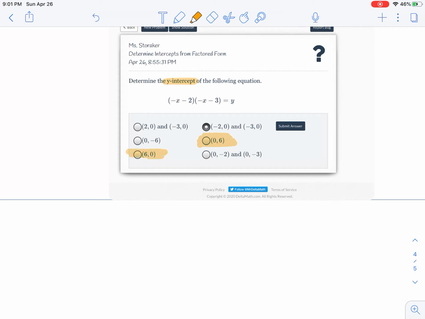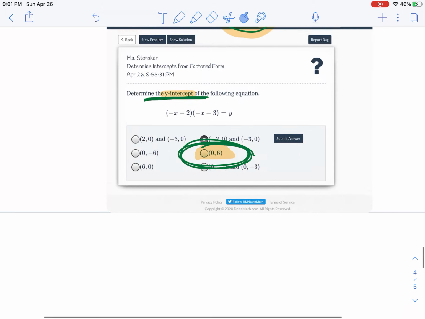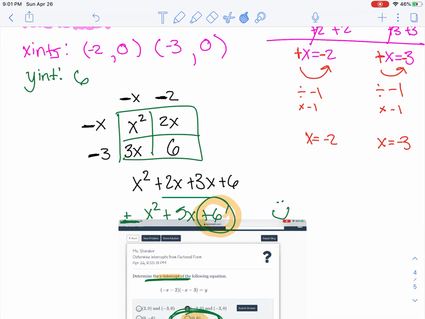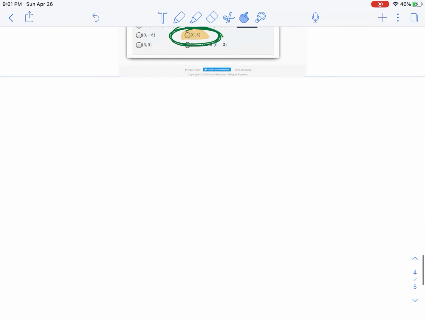They give you the 0, 6, and they give you the 6, 0. Because it's a y, you are looking for it to be in the y position. Right there. So you do have to pay attention to those words, the y-intercept or the x-intercept. I'm so glad I taught you it with both the y's and the x's, because I thought that there were just x questions.